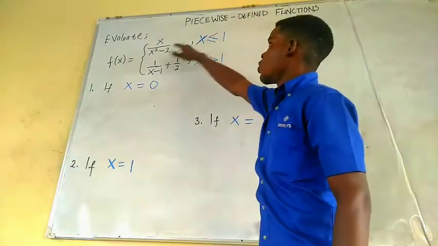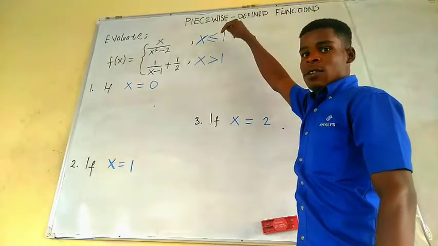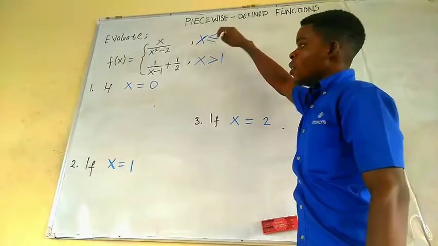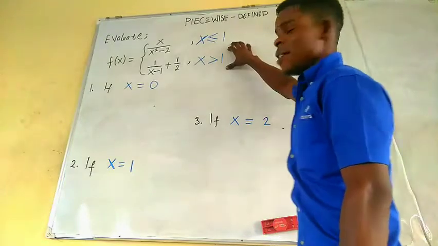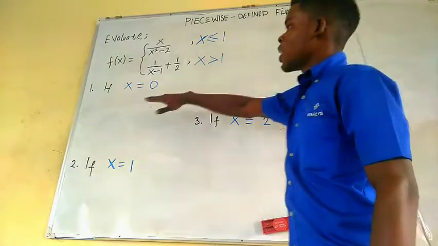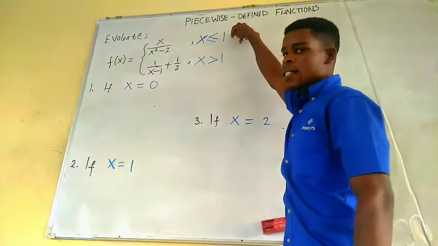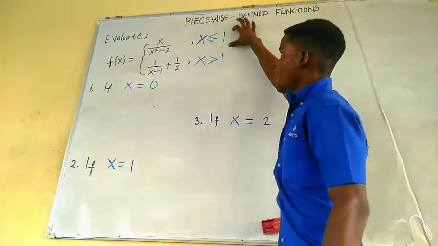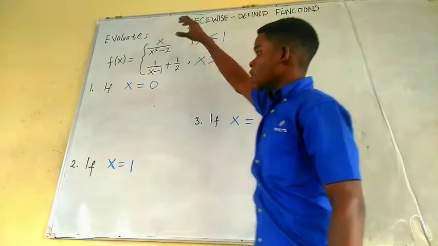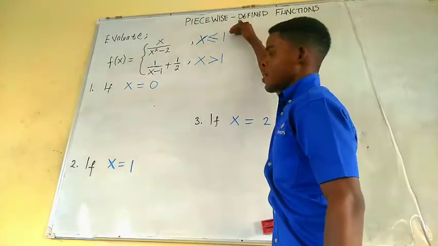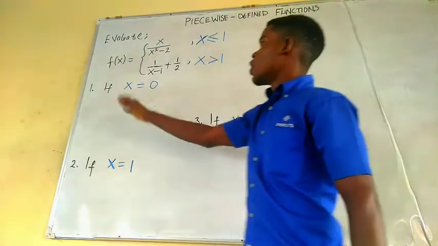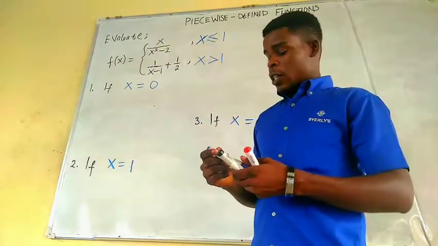The first expression works if x is less than or equal to 1, and the second if x is greater than 1. So look at this value of x, 0. Is 0 greater than 1? No. But 0 is less than 1. So we make use of this because this satisfies the condition in blue. We go ahead and make use of this expression.